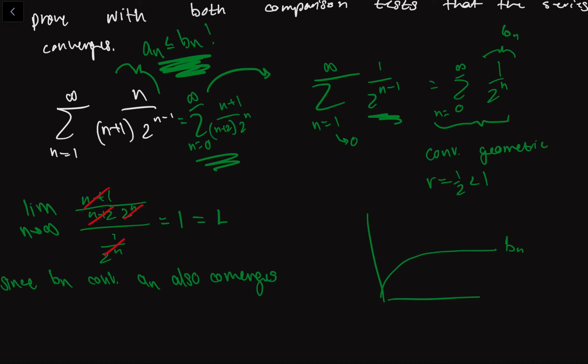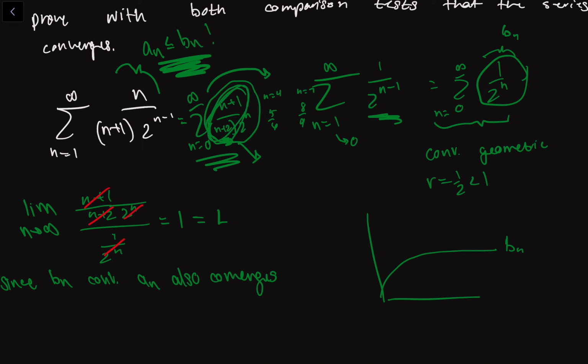But we can see that this one right here is actually less because the denominator is bigger. This ratio right here is always a fraction less than 1. Like, for example, when n equals 4, you'll have 5 over 6. When n equals 7, you'll have 8 over 9. So it's always a fraction that's getting closer and closer to 1, but it is less than 1, which means that all of this is less than all of this, right?